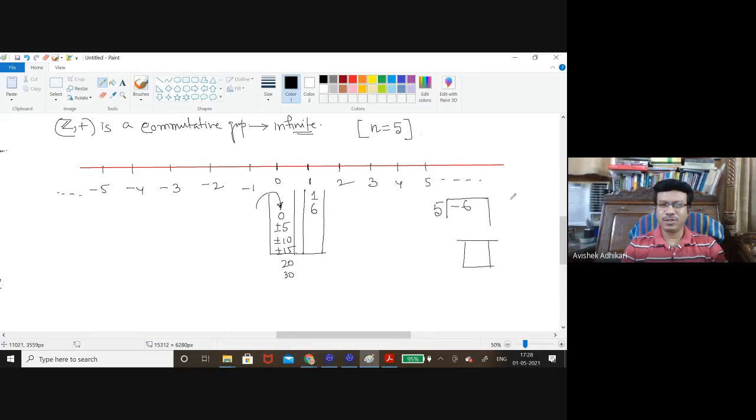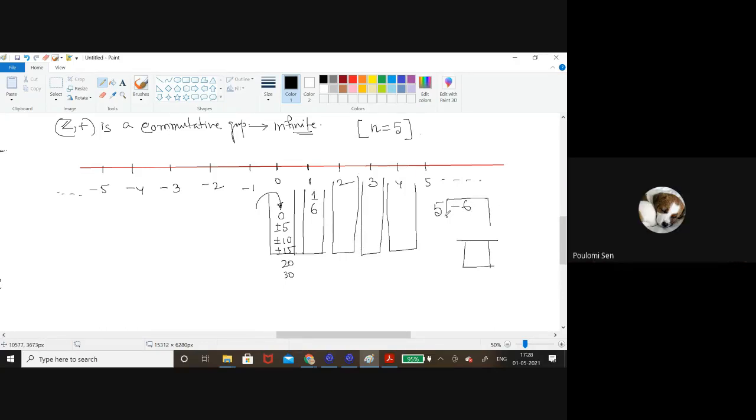So what would be the quotient and what would be the remainder? Quickly tell me. Oh, it's taking too much time.